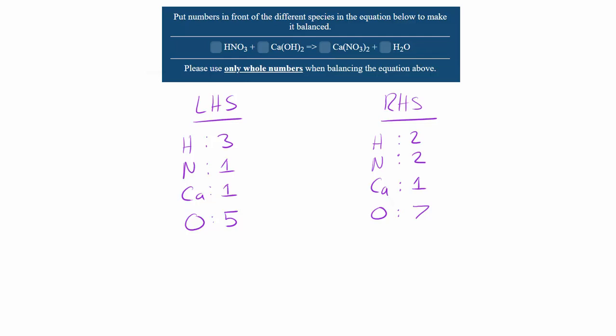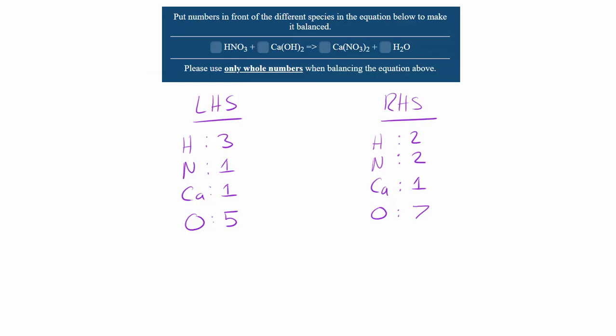So how am I going to approach this? For me, the first thing I'm going to try, to at least get some level of balance, is to make the nitrogens more balanced.